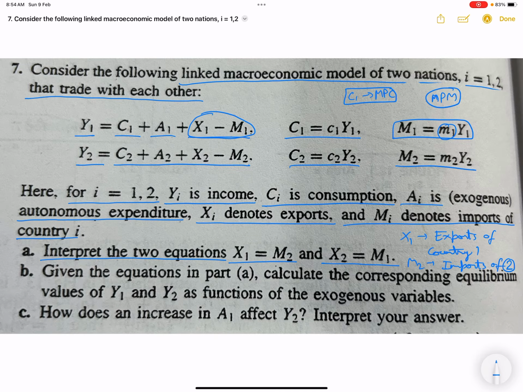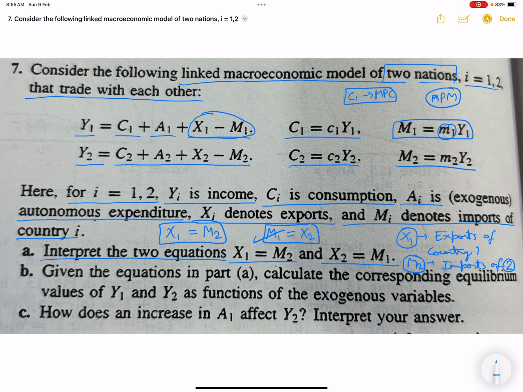Since there are only two nations, what the first country is exporting has the same value as what the second country is importing. So the exports of country 1 equal the imports of the second country, because there are only two countries. Similarly, the imports of country 1 would be the exports of country 2.